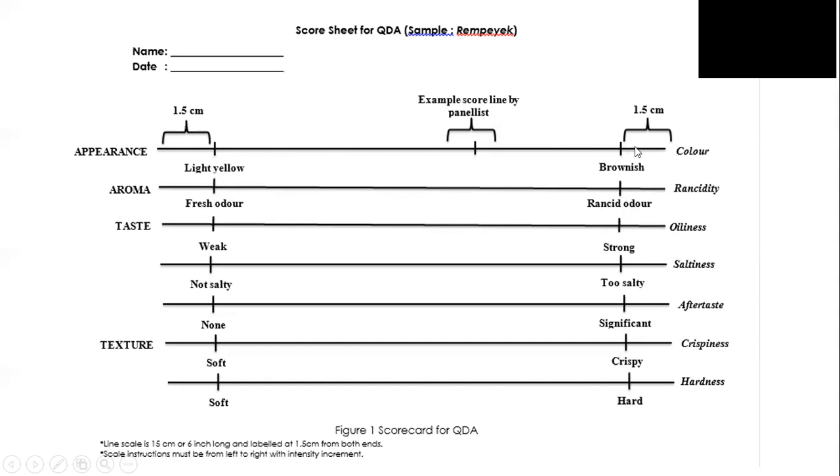It might be slightly brownish in color, but not too brown. So he decided to give the score over here. So the sensory team will measure from here to here. So how much is the length, the cm.